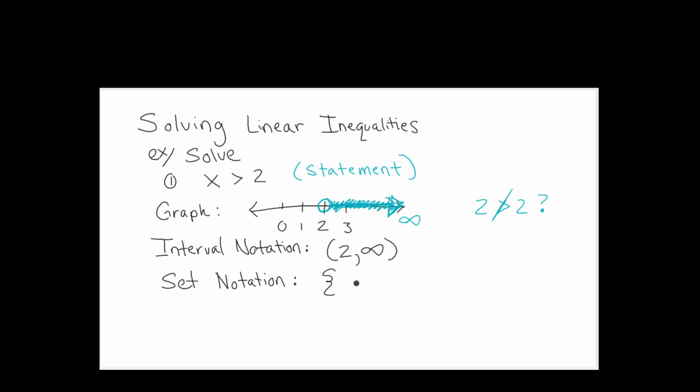Now we have the set of all x, where x is our variable, such that the statement x is greater than 2 is satisfied. And that's it. And you feel a little empty inside because you're like, wait a minute, you didn't write anything else different than what we started with. Yeah, but this is set notation. It's saying all of those values of x that satisfy this, not just one of them.